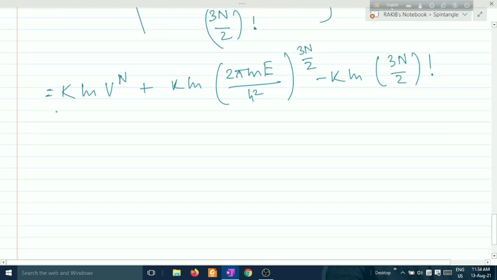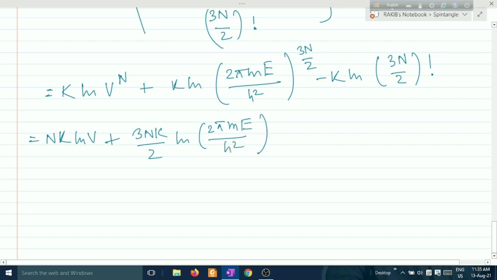So simplify them. This becomes nk ln V. The power comes in front: nk ln V plus 3nk by 2 ln 2 pi me by h square, minus k.